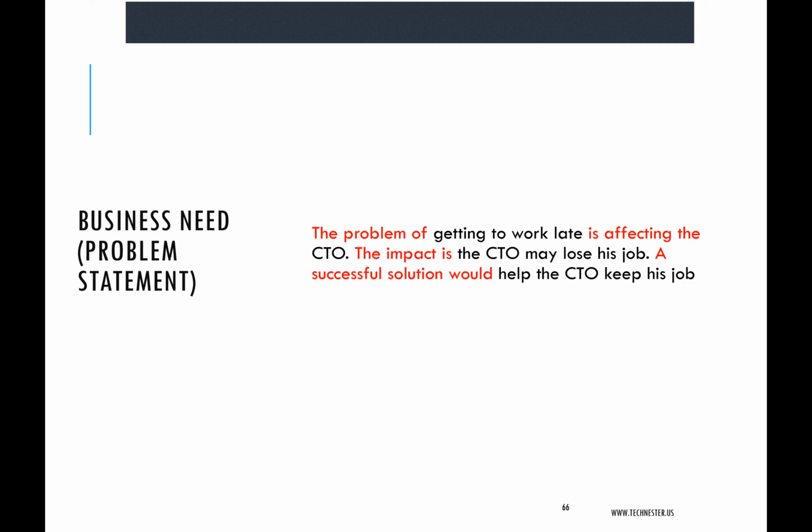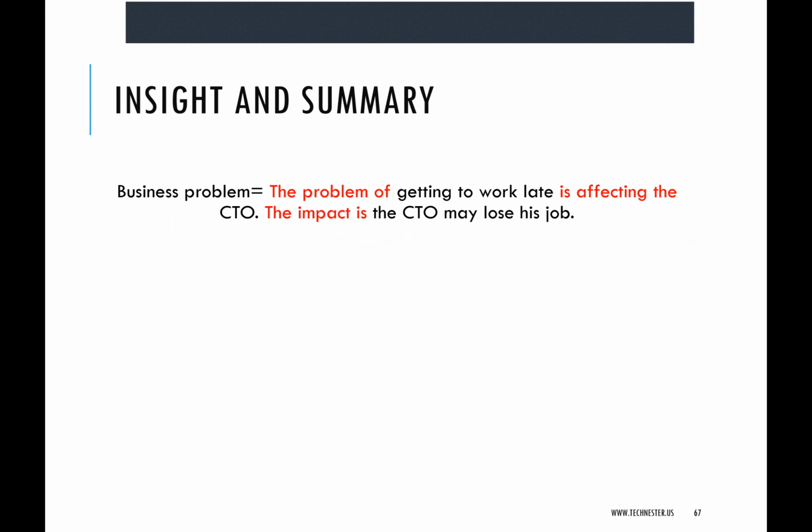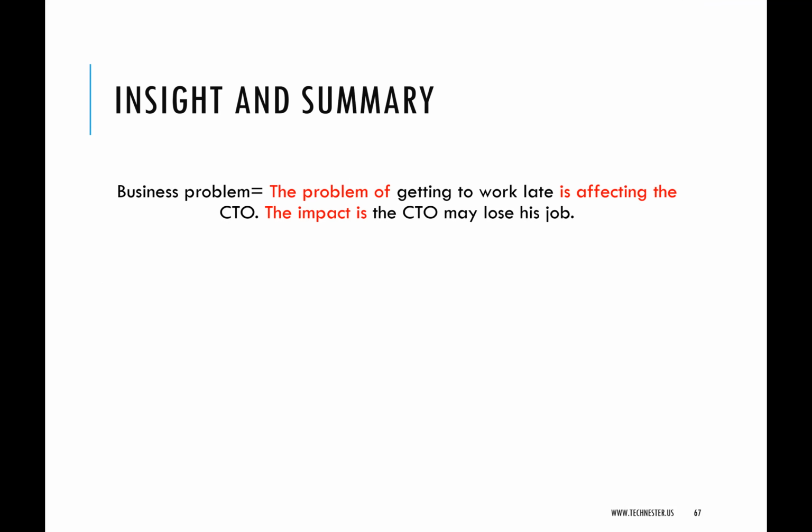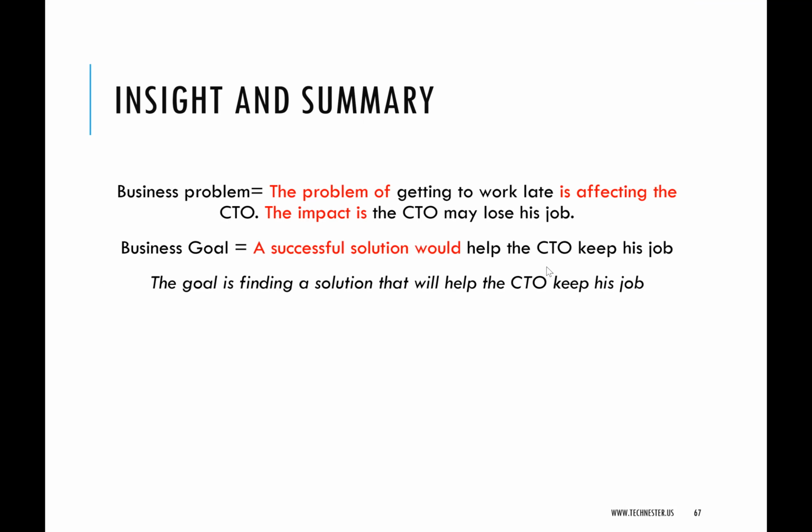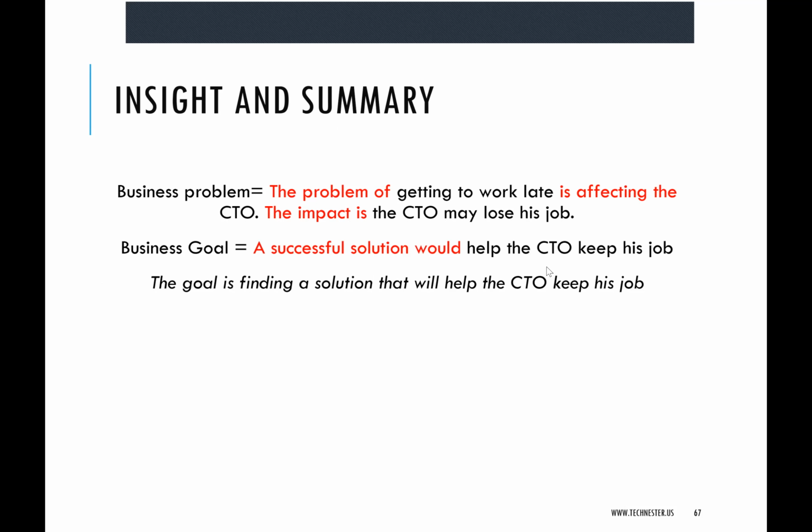So in this problem statement, you can see two things. You can see the business problem: the problem of getting to work late is affecting the CTO. The impact is the CTO may lose his job. That is the problem. Then you can also see the goal. The goal now is, how do we solve this problem? So a successful solution will help the CTO keep his job.